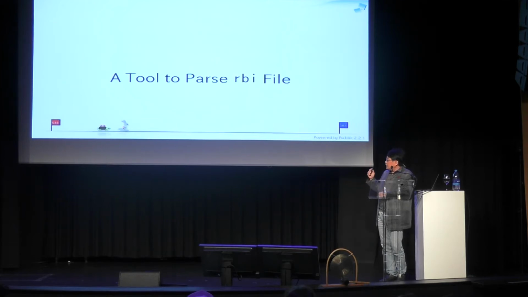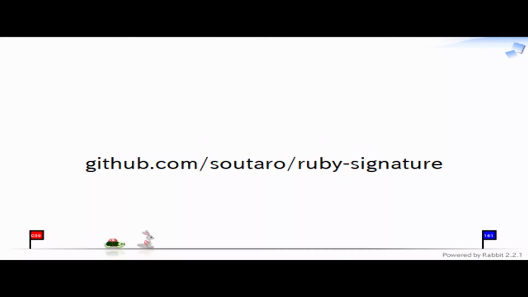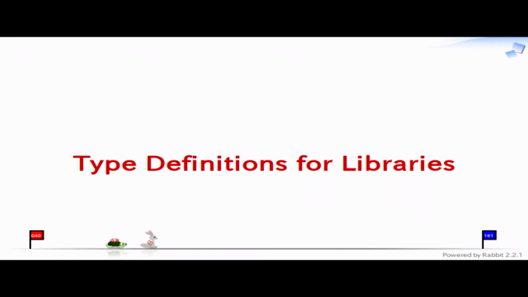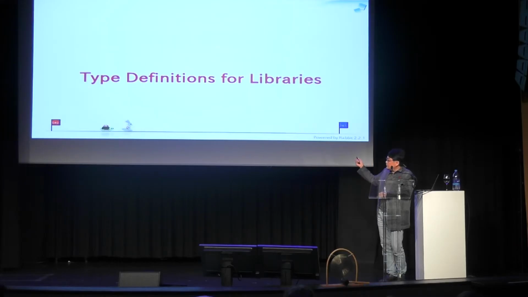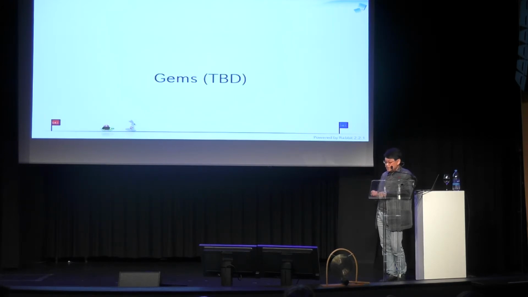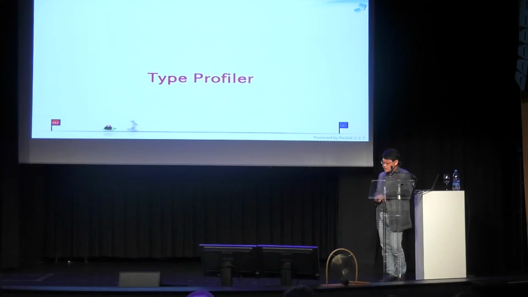We are going to provide a tool to parse this RBI file. You can see a prototype of that tool in this GitHub repository. Then we are going to provide the type definitions for the standard libraries and gems. We have not decided how to bundle this type annotation file with the gem file, but we are working with the RubyGems team.